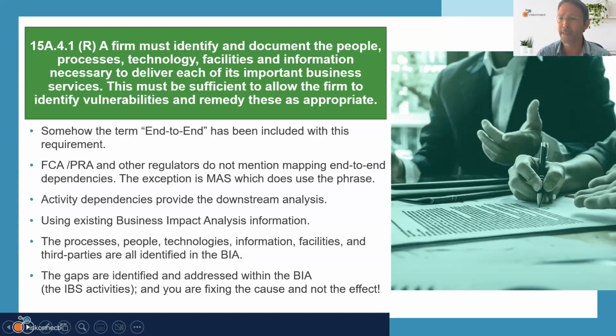There is a requirement to identify each of those elements and how they support that important business service. There's never been a requirement to create an end-to-end service map of those processes. So essentially, when we talk about end-to-end, again, we're talking about those level 1 services. And then when it comes to granularity, we're talking about those things that directly affect.